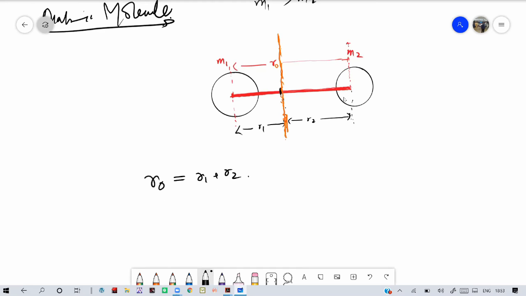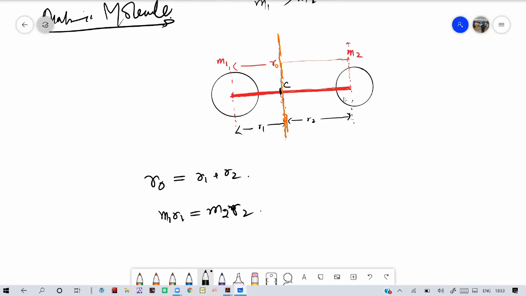And if there are end-over-end rotations about point C, the center of gravity, then the moment of inertia is defined by M1 R1 equals M2 R2. This is the equation for the balancing of the two masses about the center of gravity.